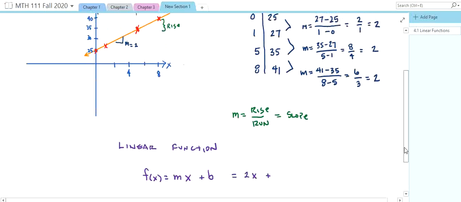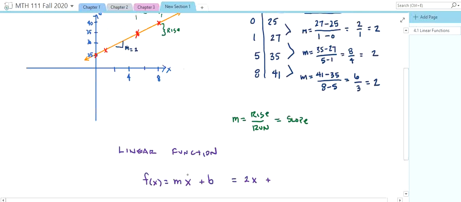What is b? If we imagine that x equals 0, this term will fall away, and the value of our function when x equals 0 is 25. So this is 25. We call this b, the y-intercept.